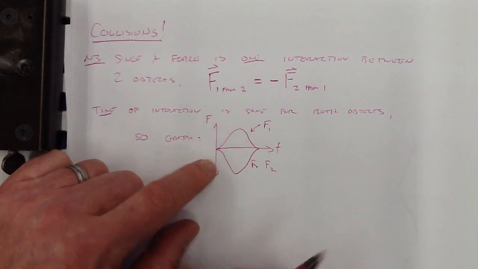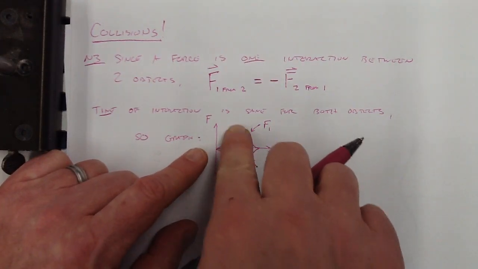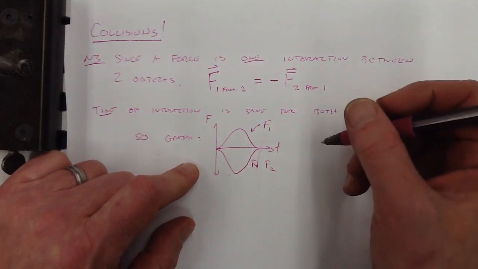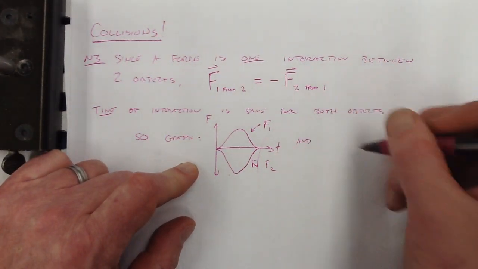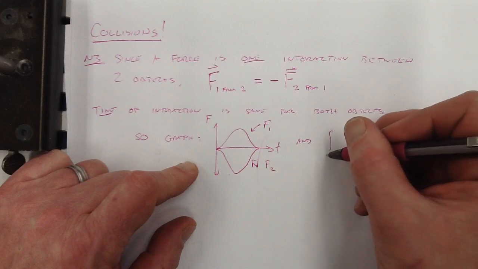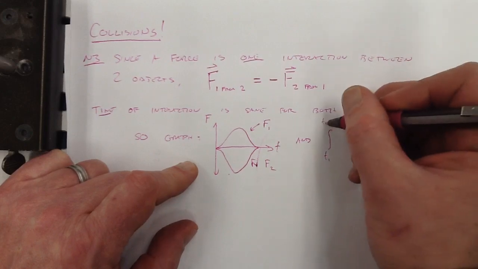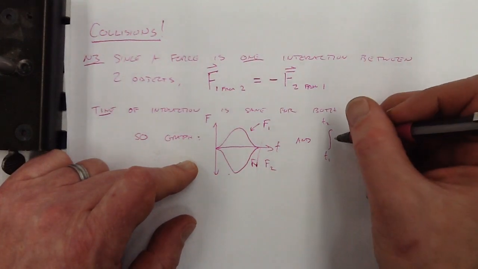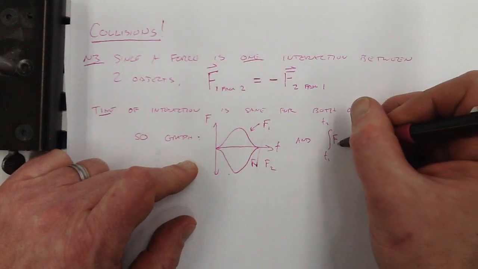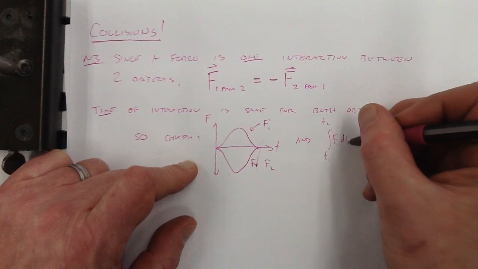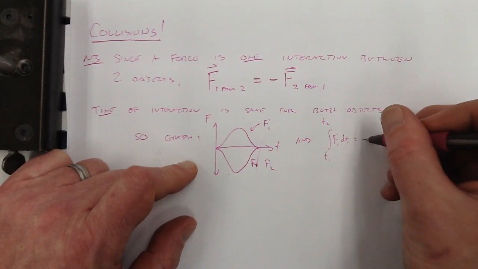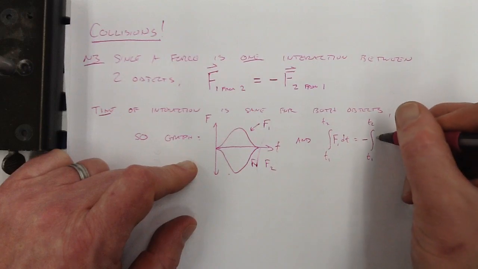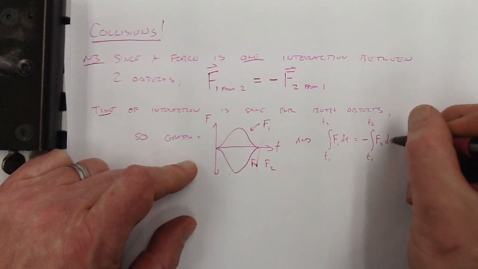So those are equal areas, but of course calculus-wise this one is underneath and that one's above, and they're opposite to each other, so that would always be the case. And that means that the integral from time whatever to time whatever, the duration of the interaction, of F1 dt is equal to the opposite of that, right?